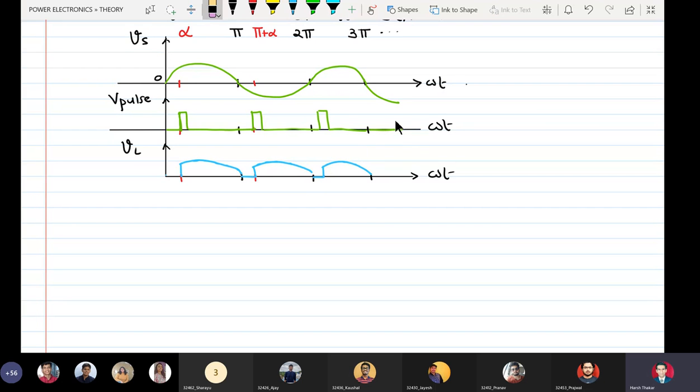Okay, so for this firing pulse, the reference is omega t equal to 0, and for this firing pulse, the reference is pi.